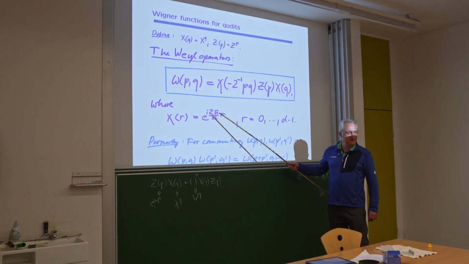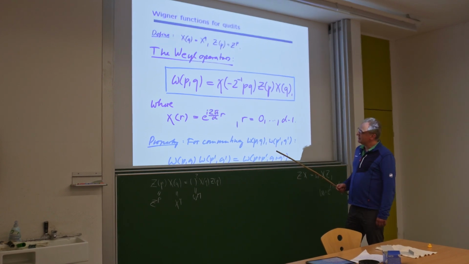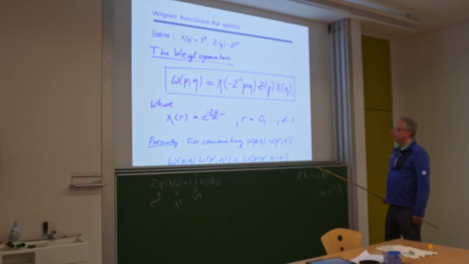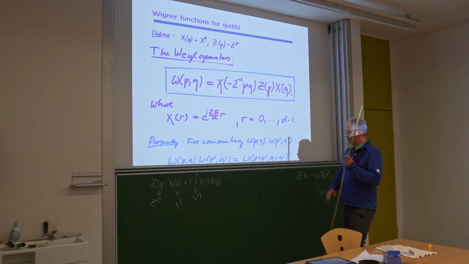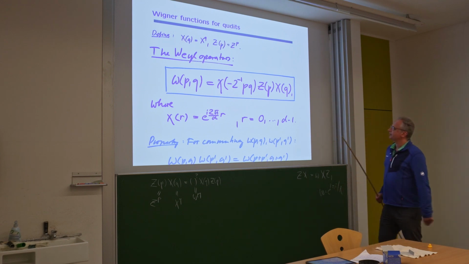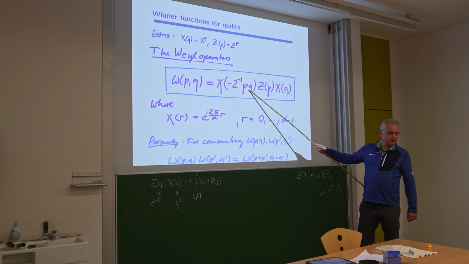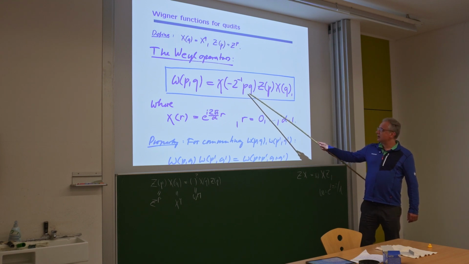So this is just the omega we defined on the previous slide. We take it to certain powers. Let me just say two things here. This is a very clever choice of phase in front.